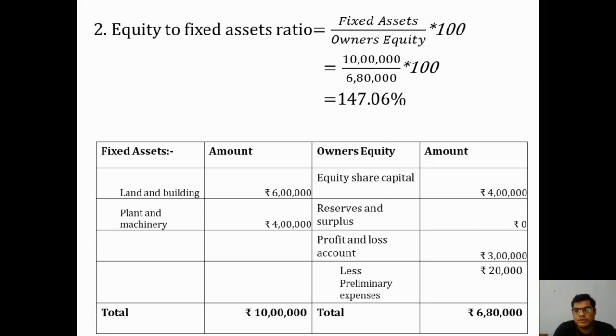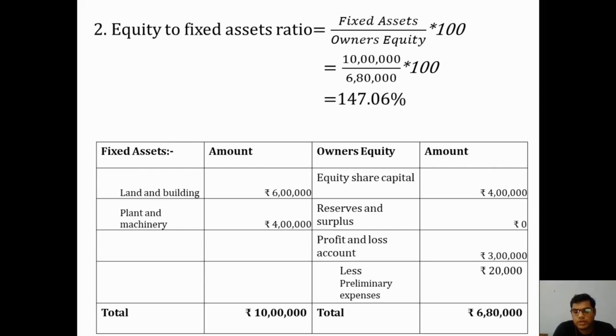What about owner's equity? It is very similar to the shareholders fund, but as the term equity is used, we do not include preference shares for this calculation. In shareholders fund we use equity share capital plus preference share capital, but for owner's equity we consider only equity share capital.